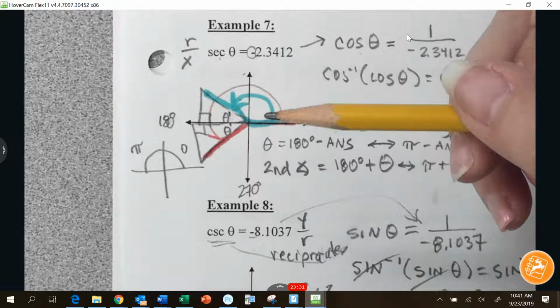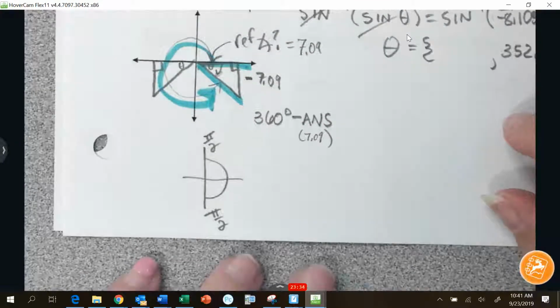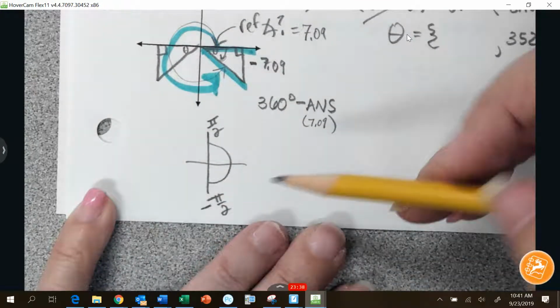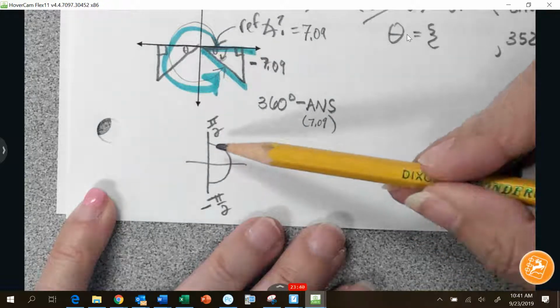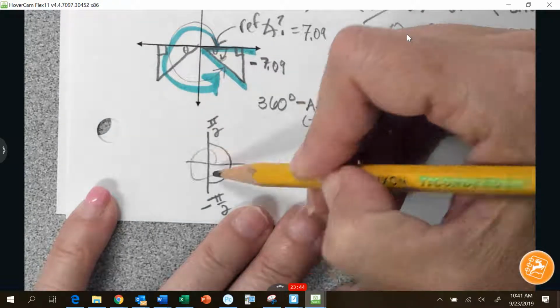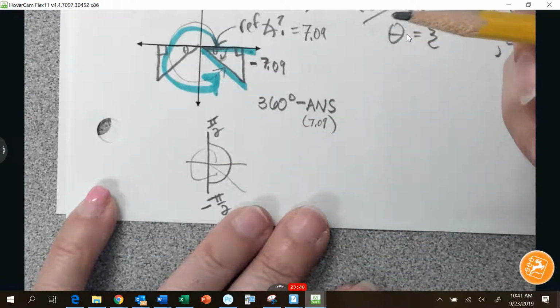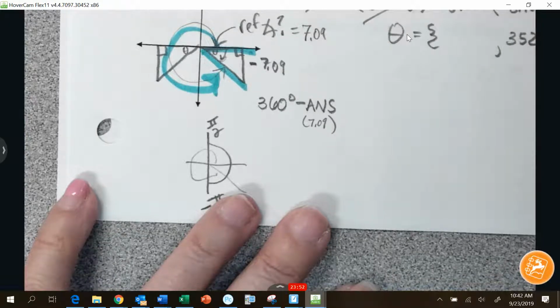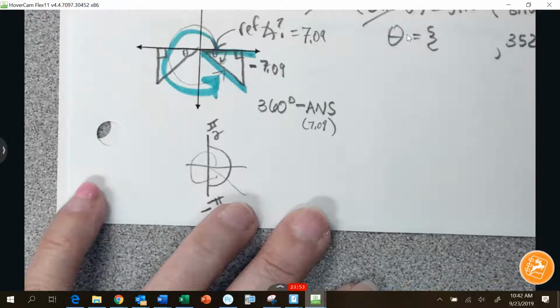This one down here is negative because of the way the calculator works. It's telling us one of the angles from negative pi over 2 to positive pi over 2, but it's your job to tell me the positive version of that using coterminal angle rules. It's a little confusing about why, but that's what the program does.